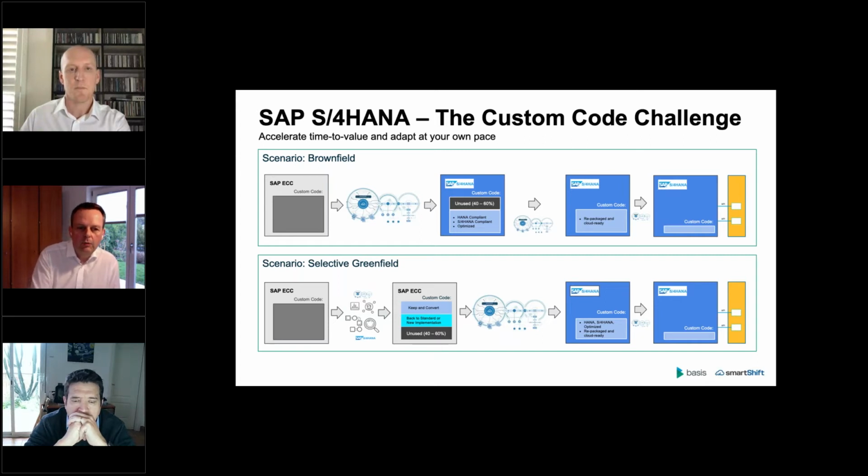You have either the Brownfield scenario, where you take your ECC system, you look at the custom code base, you identify the ones which are used, the others which are not used, you get rid of them, and then the rest you convert, you optimize for HANA, for S4HANA, and maybe you would do some additional optimization. Most of our customers tend to not stop at this first step after they have converted their systems to S4HANA, but they continue the journey.